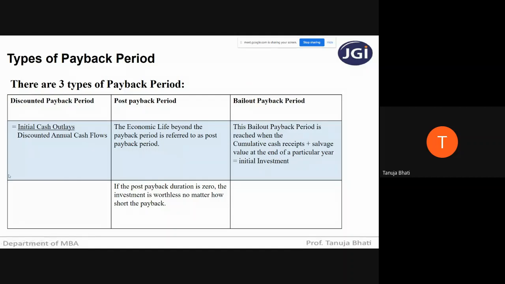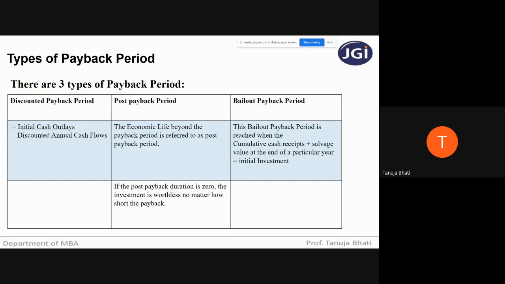So you will be having sums on discounted payback period and bailout payback period, which we will be seeing in today's class. So remember, students, discounted is nothing but simple, like a normal payback period. Only you have to discount the cash flows. In your bailout payback period, you have to find out the cumulative cash inflows given in the problem.